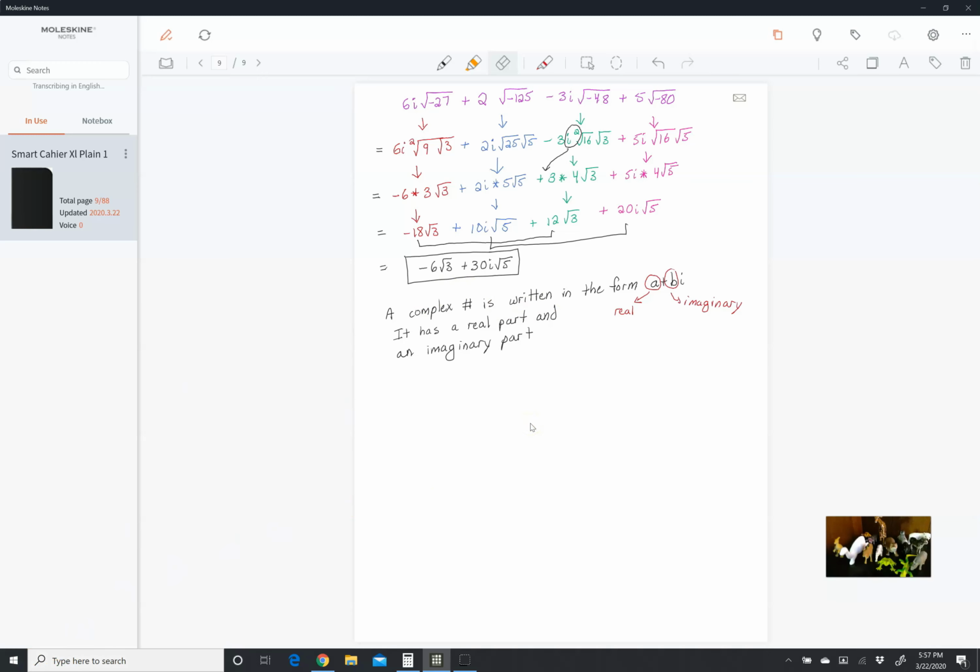Okay, so to add and subtract, you add the real parts.